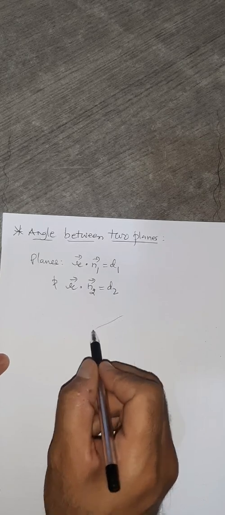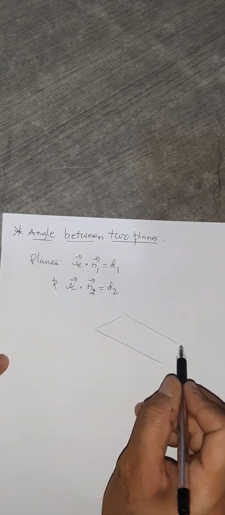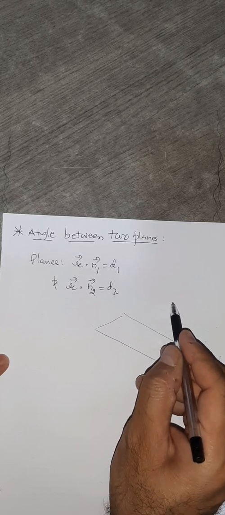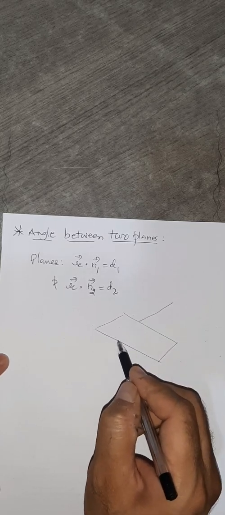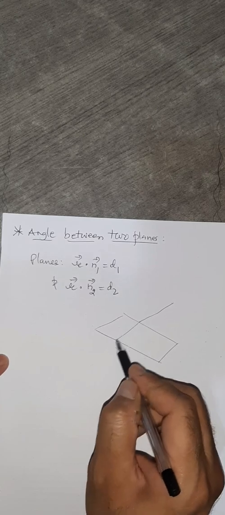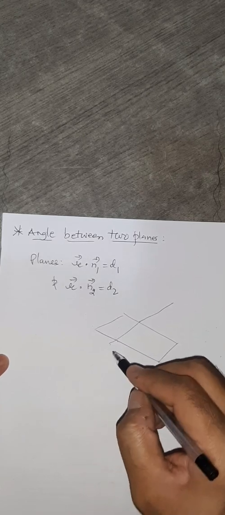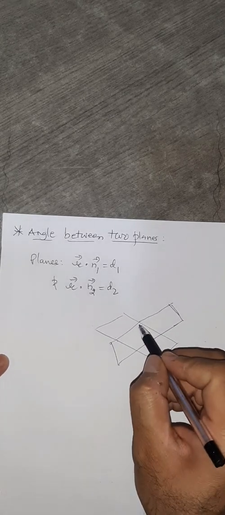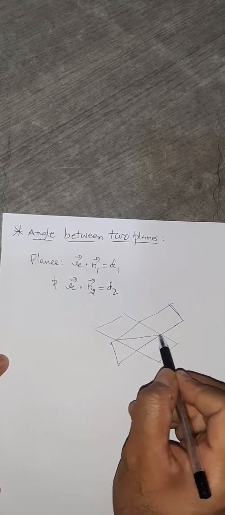Here we have one plane with normal, the other plane, let's see, like this. This is the other plane. This is their intersection.